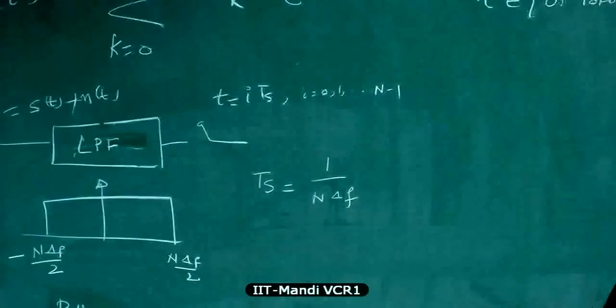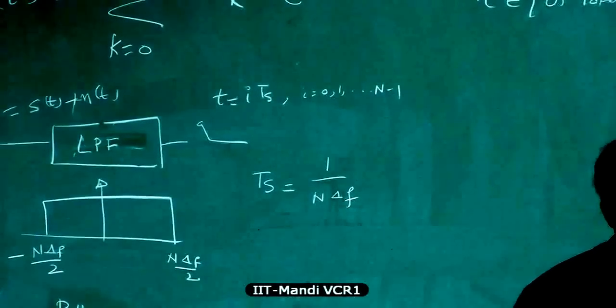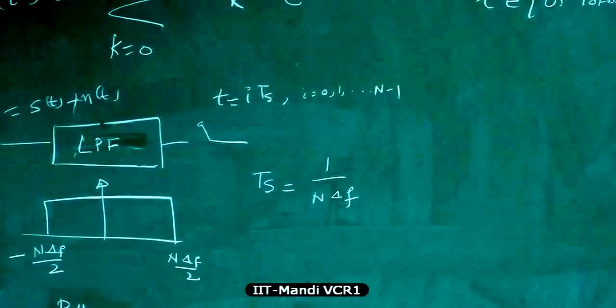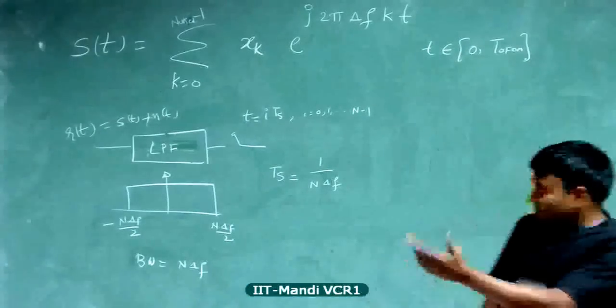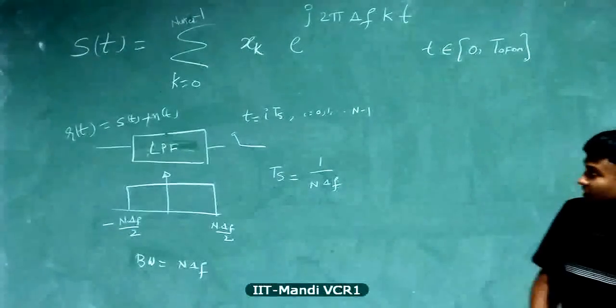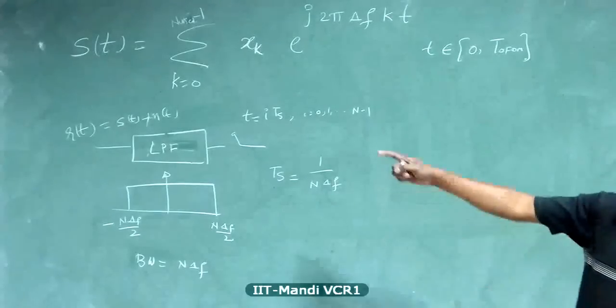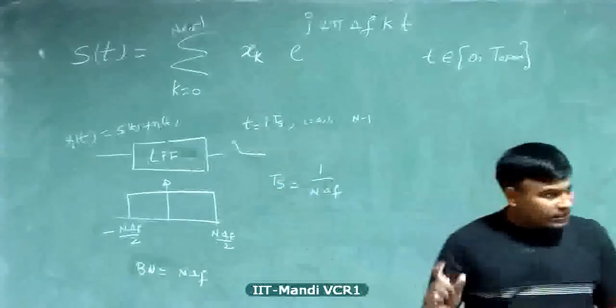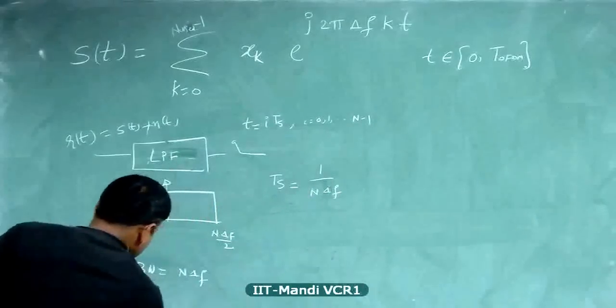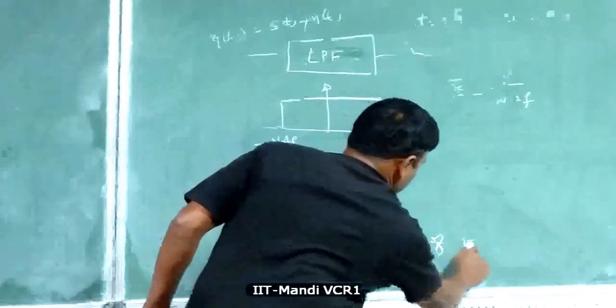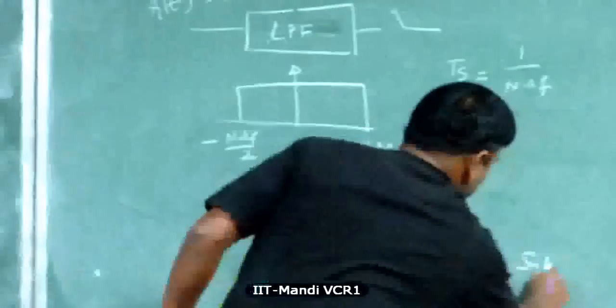There is a reason for doing this in this particular manner. You can always play around with these things. The number of used subcarriers is called N used.